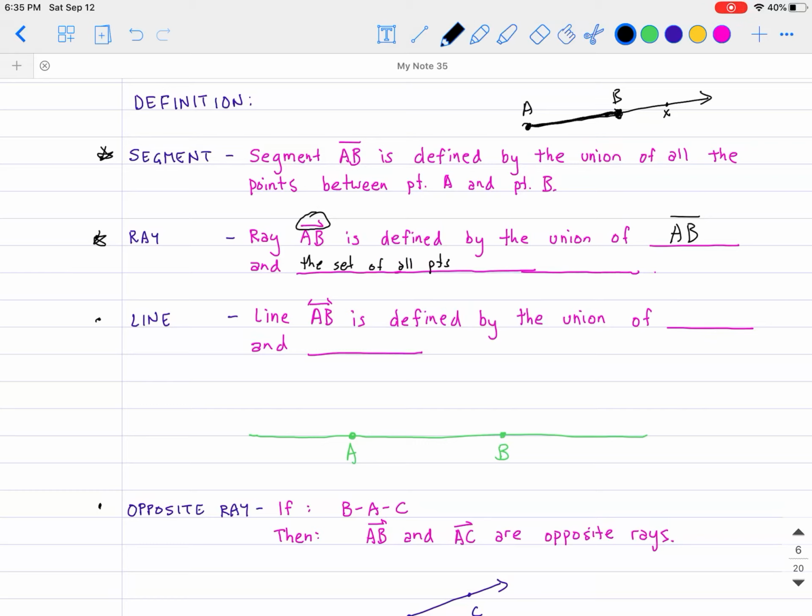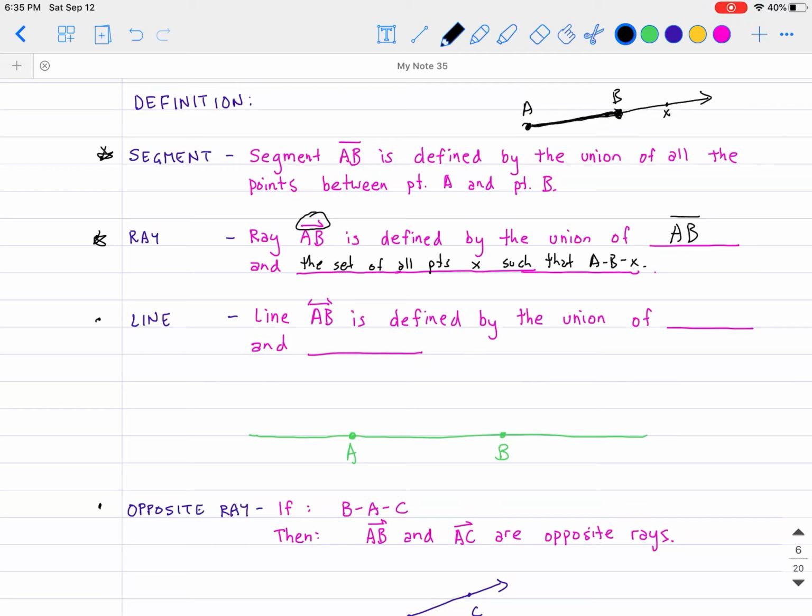And the set of all points we'll call X such that B is in between A and X.